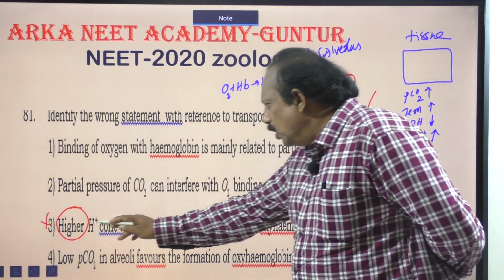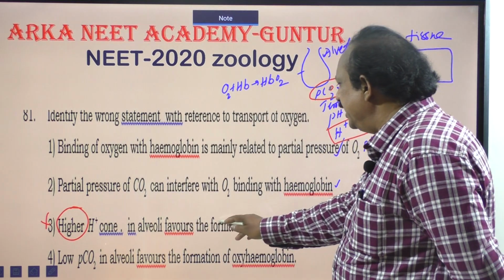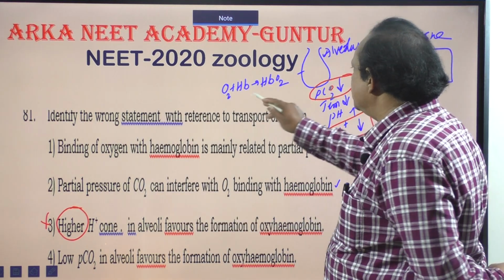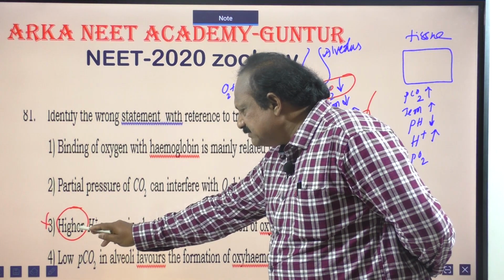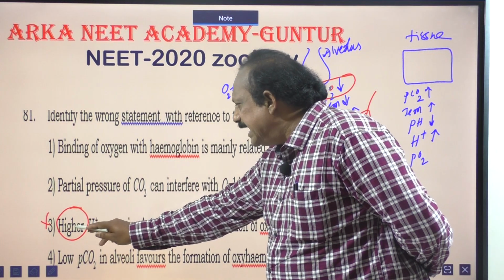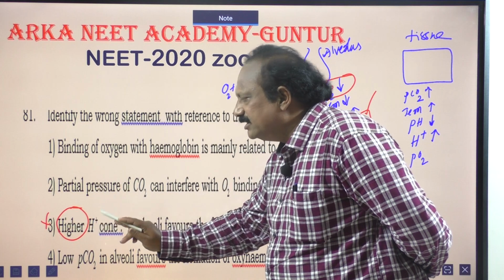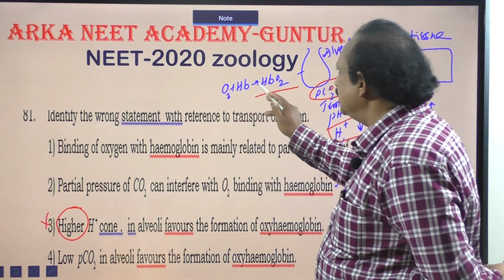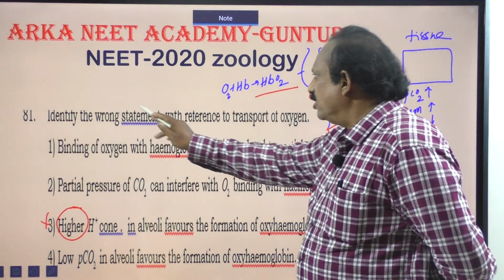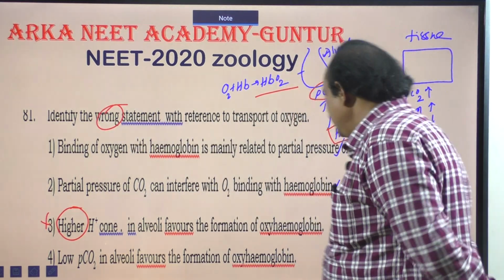Here, the lower hydrogen ion concentration in alveoli favors the formation of oxyhemoglobin. This is it. Therefore, what is the wrong word here? Higher is the incorrect word. What should be there? Lower. Therefore, the third option is the wrong statement. This is the wrong statement.